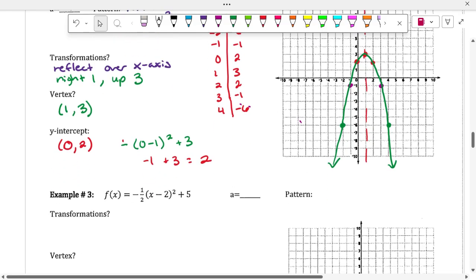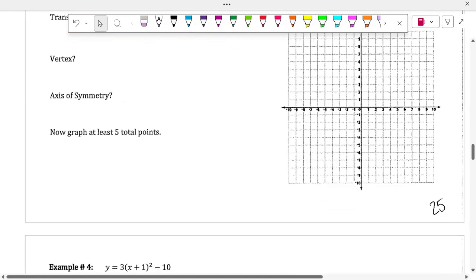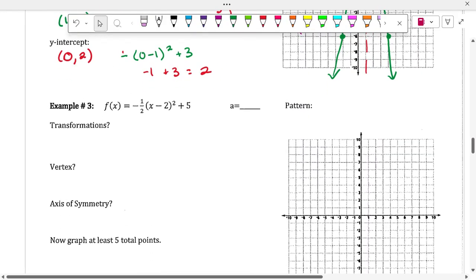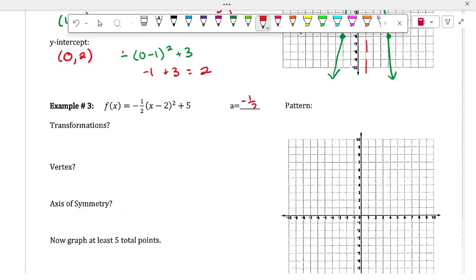All right, one more, and then we'll move on to a different thing. So, first off, what's my a value? Negative 1/2.